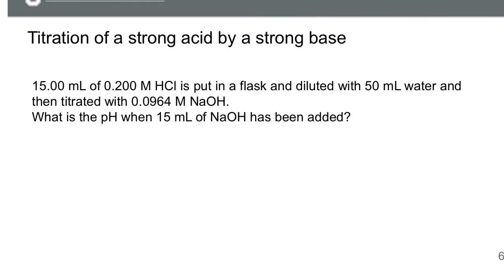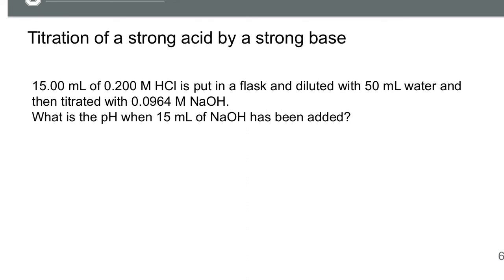Okay, so then the next thing we need to do, we're going to part 2 of our titration curve, and determine the pH when 15 milliliters of sodium hydroxide have been added. Because we've calculated the volume required to reach the equivalence point, we know that we haven't reached the equivalence point when we've only added 15 milliliters of hydroxide.